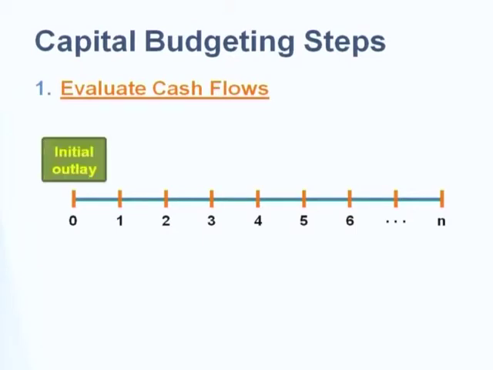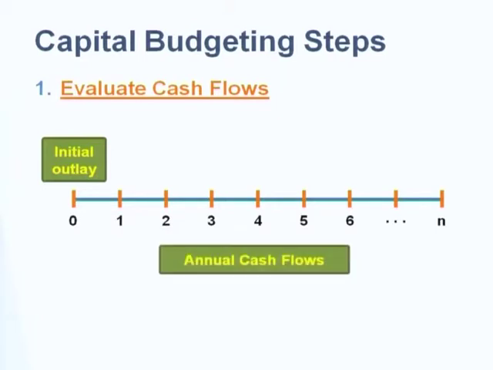So we have 3 groups of cash flow that we need to find. Number 1 is the initial outlay. This is the initial money that the firm needs to pay for the project. Then annual cash flow: once you pay for your capital and set up everything, and then you start to operate, how much cash do you generate from operation?